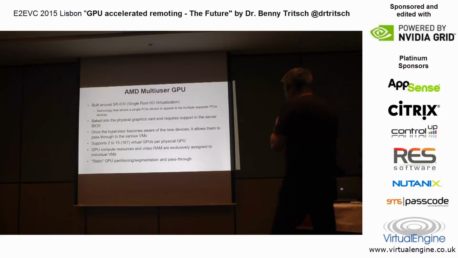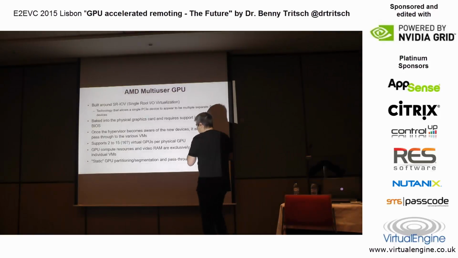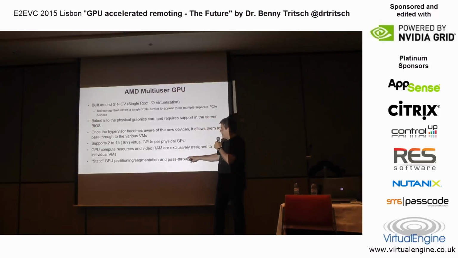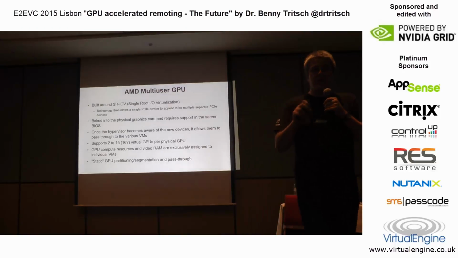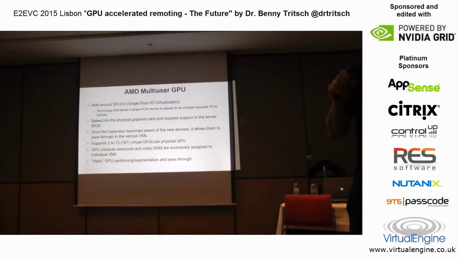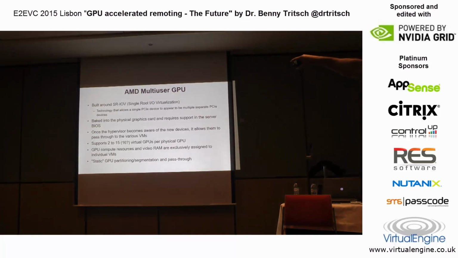Nobody knows that. So basically, it is static GPU partitioning, because they not only partition the video RAM, they also partition GPU compute, which means if it's really 16 different VMs that are using one physical GPU, a user on the VM always gets only a 16th of the performance of the GPU, no matter what the other users do.